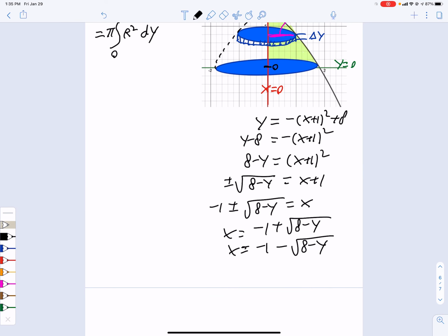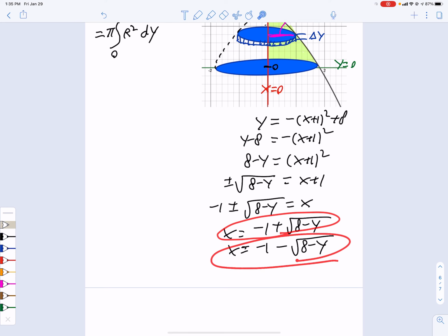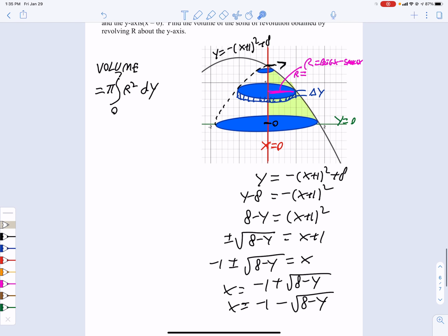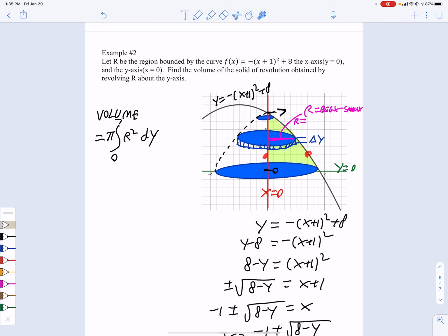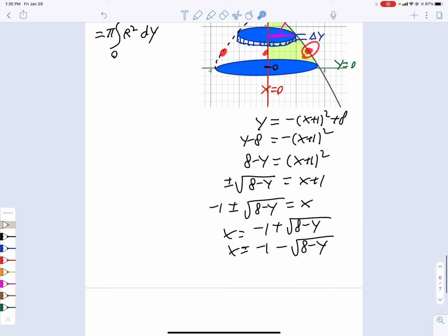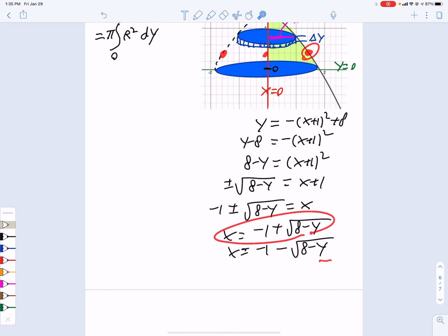So here's what's going on. This number is bigger than this number. That's the bigger x, that's the smaller x. For every value of y, you have a big X and a smaller x. The right side is this, the left side is that.